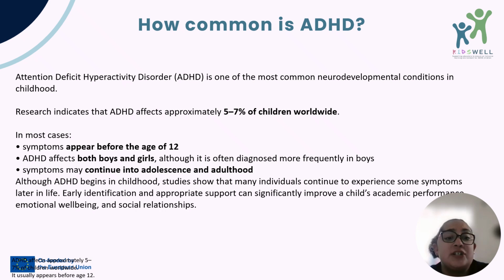Symptoms may continue into adolescence and adulthood. Although ADHD begins in childhood, studies show that many individuals continue to experience some symptoms later in life. Early identification and appropriate support can significantly improve a child's academic performance, emotional well-being, and social relationships.